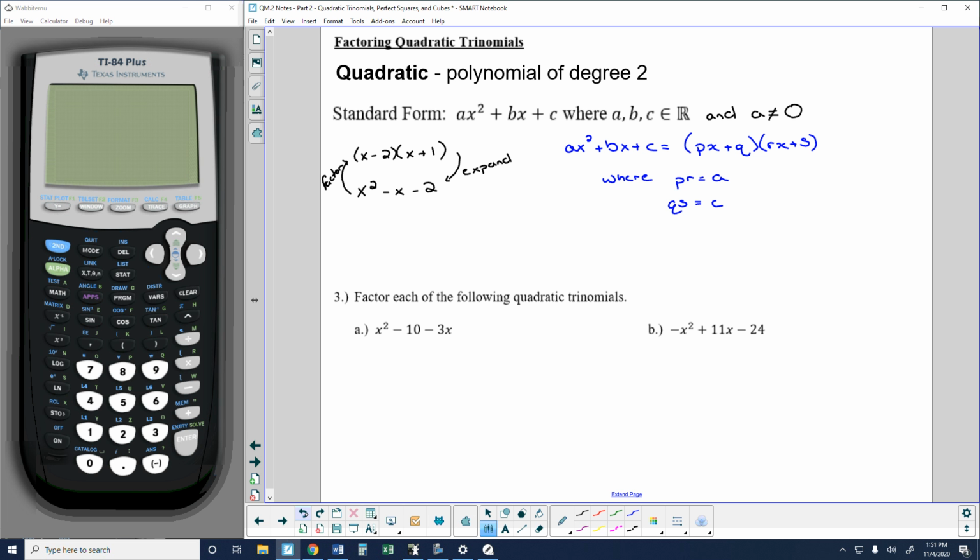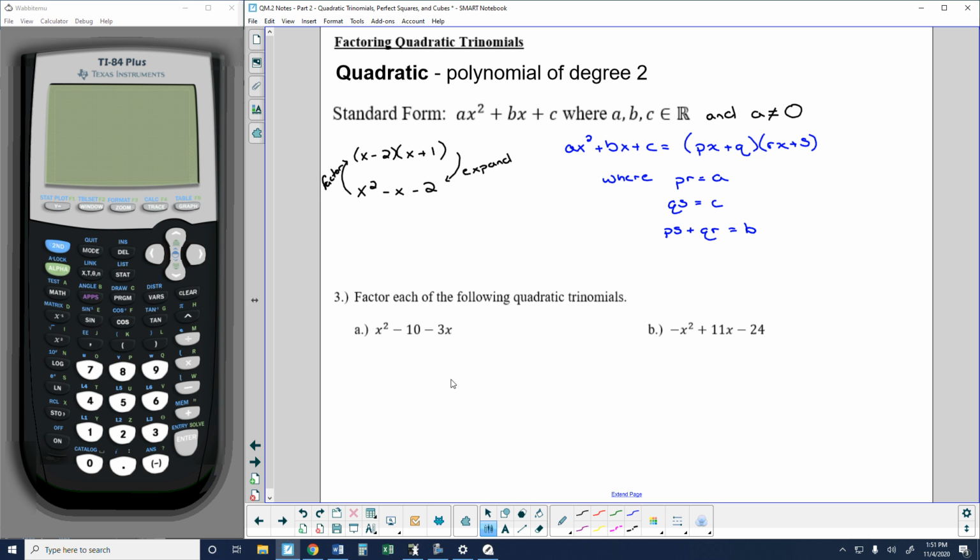So again, ps plus qr have to equal b. This is the pattern that we want to work with. Essentially, we're going to follow the process of guess and check as we look at factors of a and factors of c until we can develop the q and r values that are going to give us b. So let's take a look at an example of how we're going to do that.